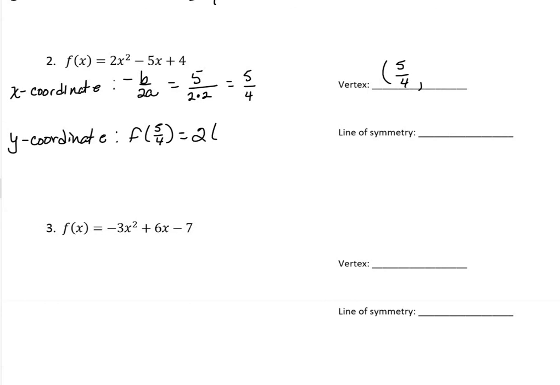So I put 5/4 in place of that x. And you stick that into your calculator. And you get 7/8. And the line of symmetry is the equation x equals 5/4.